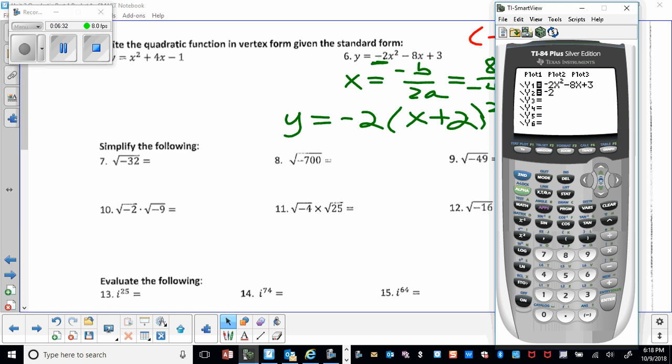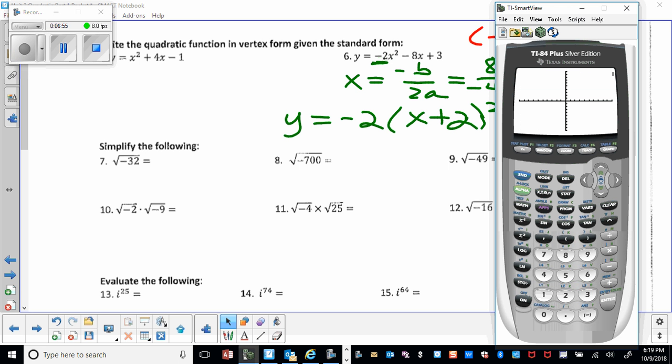Negative 2, right, that's the slope. And so that's actually a stretch, right? A stretch and a reflection. And then I'm going to put in x plus 2, make that quadratic. And then I've got a plus 11.